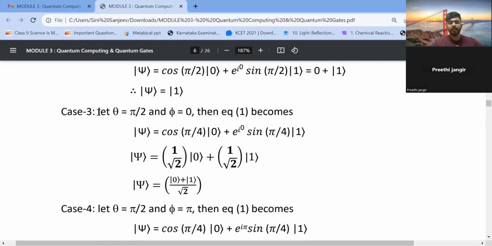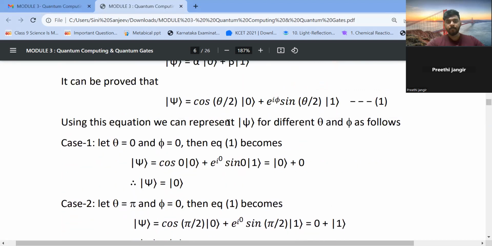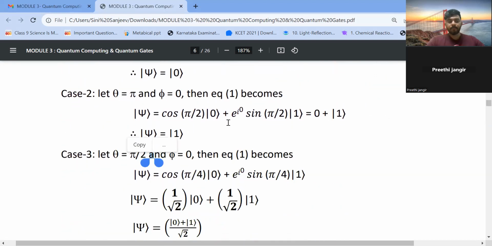Next case is theta is equal to pi by 2. So again in the top equation, I'm going to put what?